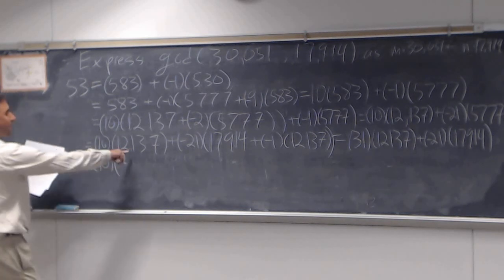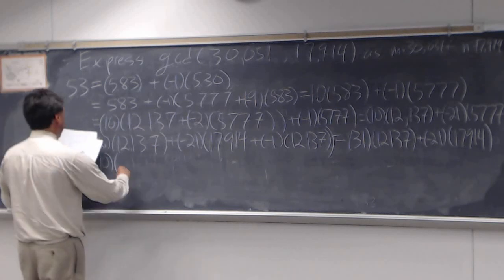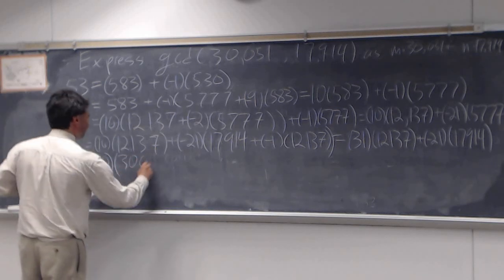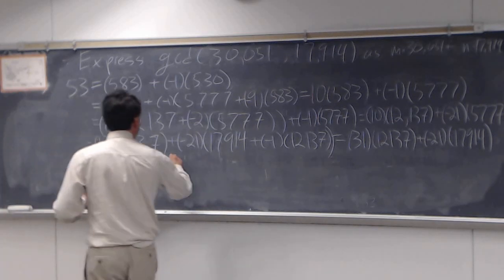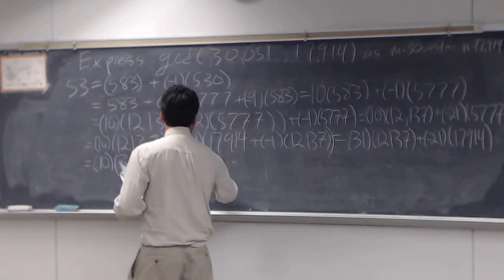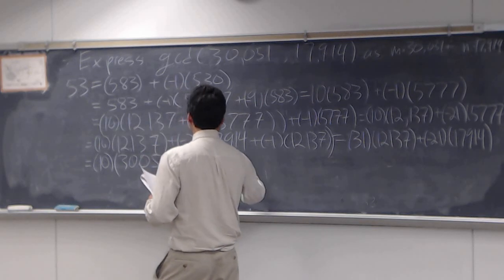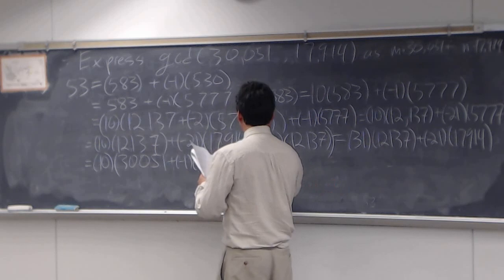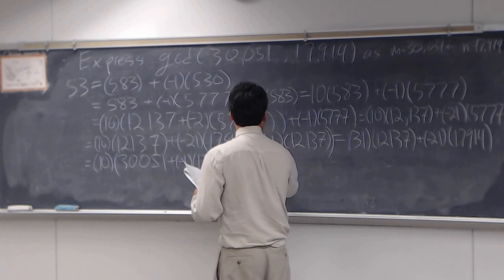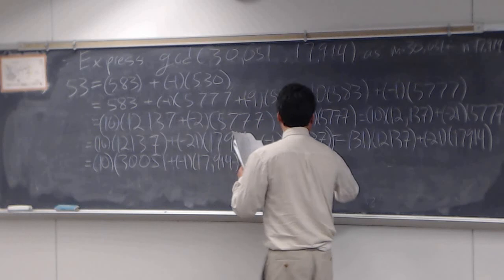So that means we can take this as 30,051 plus a negative 1 times 17,914. And then we still have the plus negative 21 times 17,914.